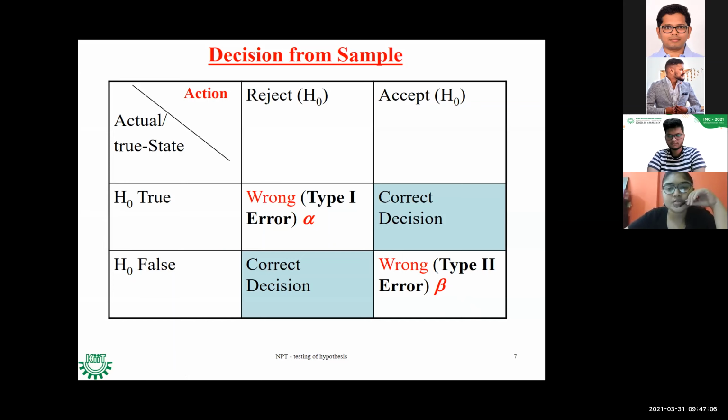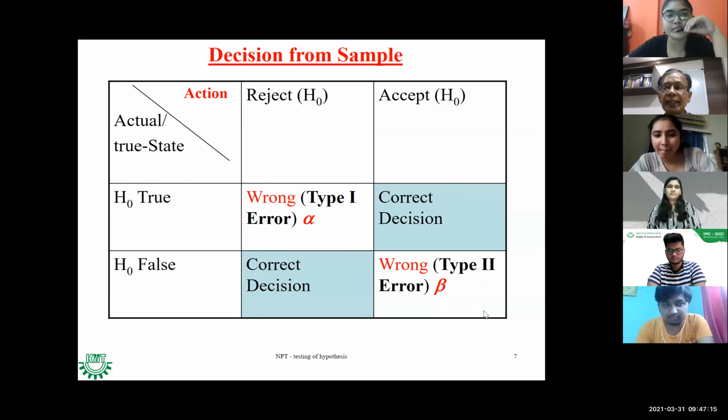Any volunteer? Sir, this was on the consumer risk where we had taken an example. How can it happen? Can you give one real life example?